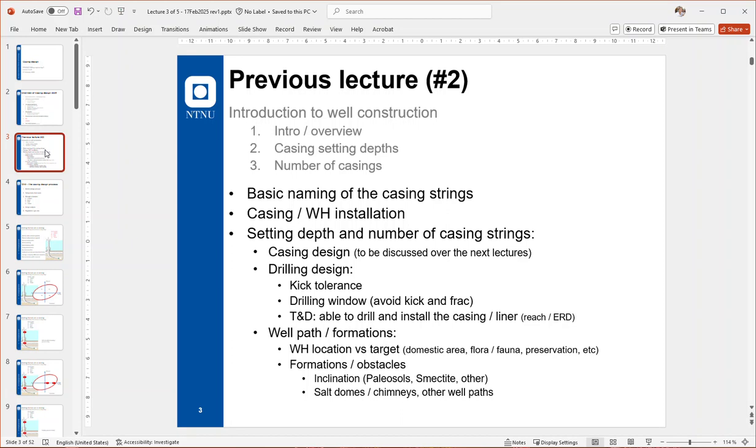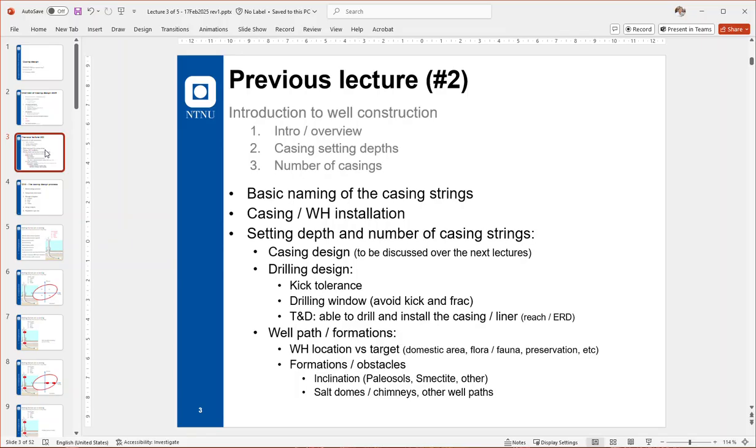The previous lecture, we typically repeat every lecture just to get into the mode. The topic was introduction to well construction, and we did an overview introduction. We talked about the casing setting depths and the number of casings.